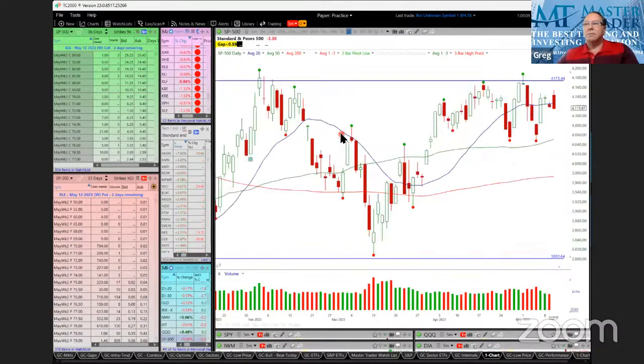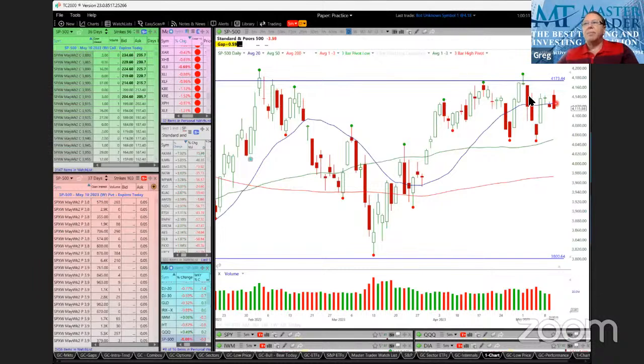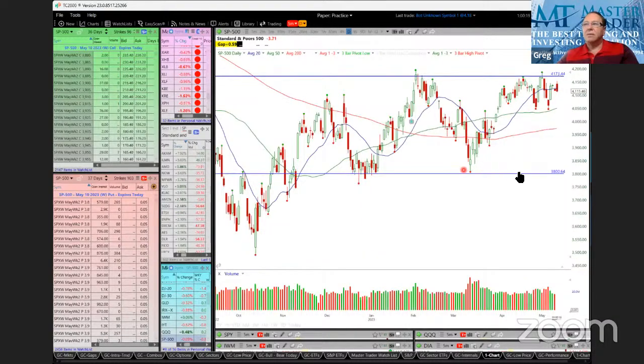We can see this topping pattern in the S&Ps here. We'll see if it follows through tomorrow. And so maybe the markets have to come back down here and test the bottom of this trading range, which will set up a great opportunity. Right now, probably tomorrow, Dan, lots of call spreads with some confirmation of today's bar.